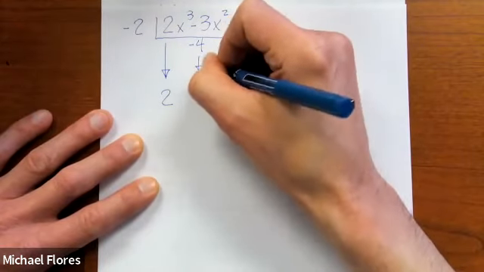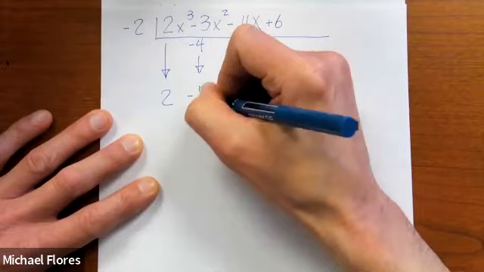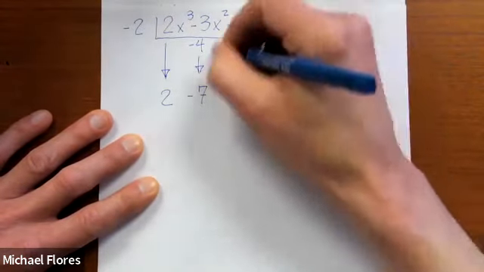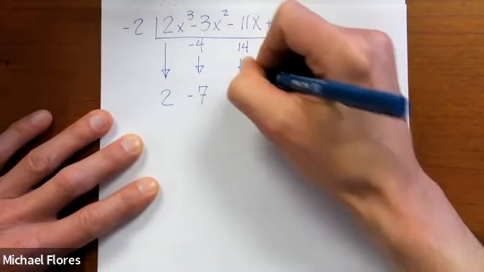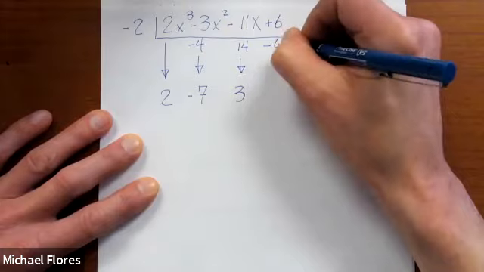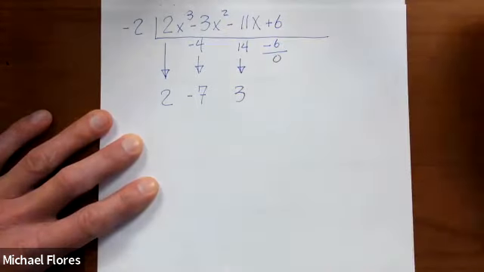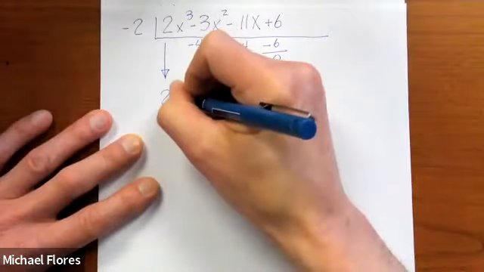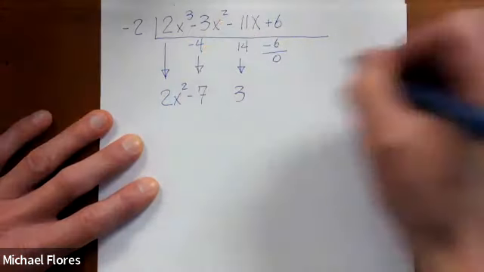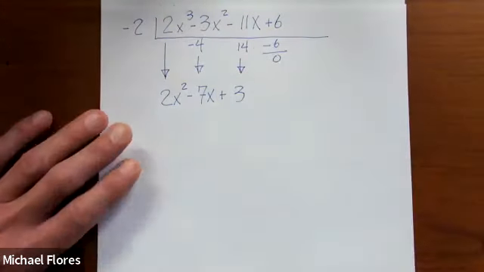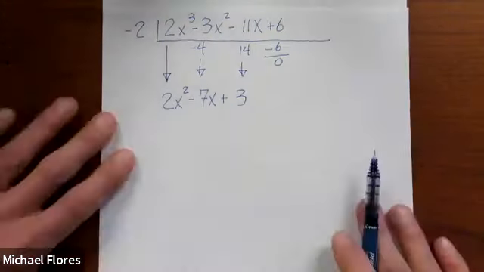Combine. Multiply. Combine. Multiply. No remainder. Now we're going to bring down our variables, and remember, they decrease by 1 exponent. Now that is our answer, but wait.